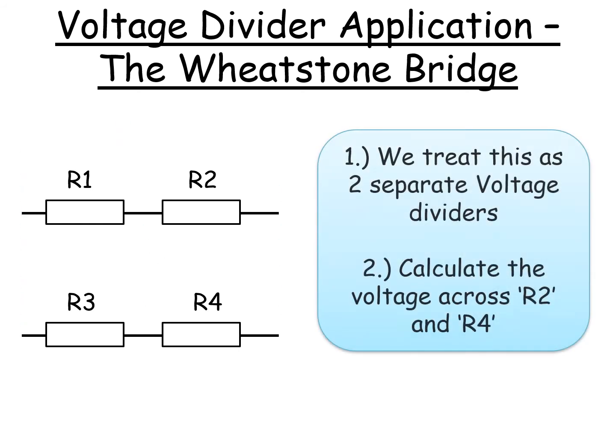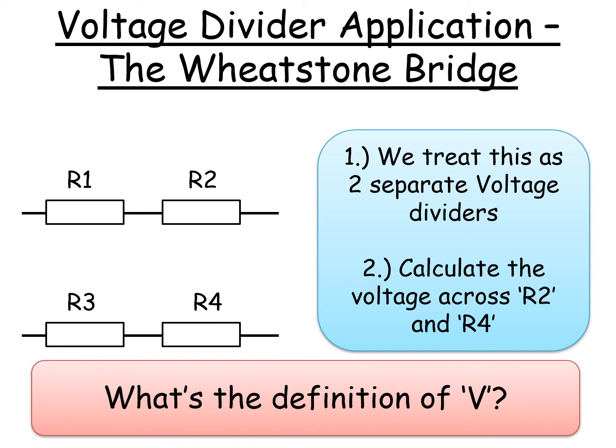Okay, we treat this as two separate voltage dividers, so that's why I've deleted the rest of the circuits. We calculate the voltage across R2 in general and R4 in general. I'll show you some variations of this later on, but you're always calculating the voltage across one of the resistors, and you're doing the same for the other branch.